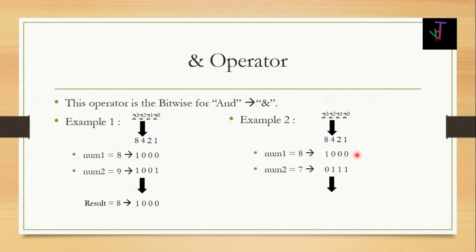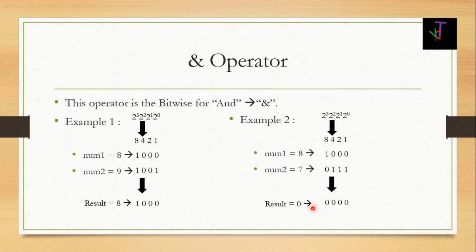Now the result is going to be, because ampersand needs both of the bits to be true, over here one's false and one is true, so it's going to be false. And all of them, as you can see here, one is false and one is true. The result is going to be 0.